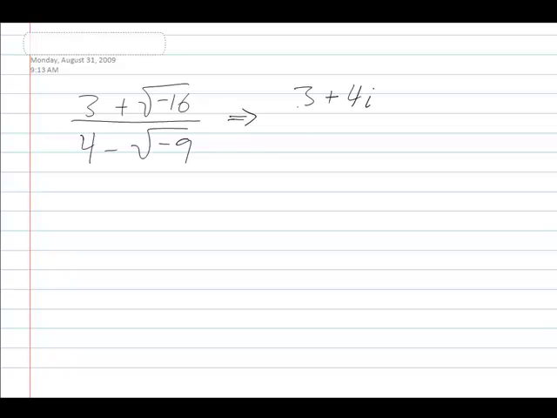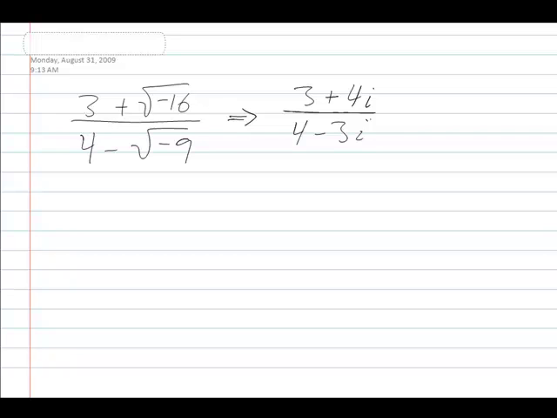Now if we look at a different problem, this is where we will use a conjugate. Let's say we have 3 plus the square root of negative 16 divided by 4 minus the square root of negative 9. The first step is to simplify the numerator and the denominator independently. This would then change our problem to 3 plus 4i divided by 4 minus 3i.